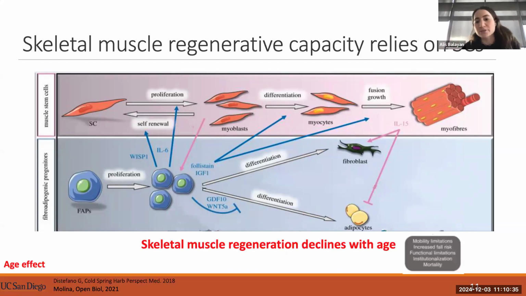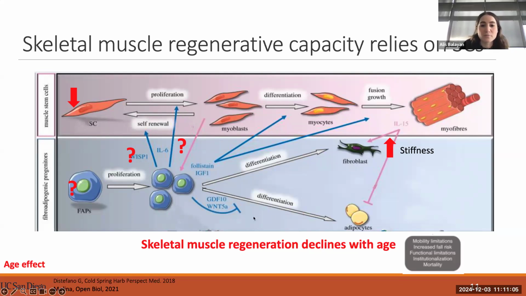In normal regeneration, there's a delicate balance of satellite cells and fibroadipogenic progenitors and their function. However, with age, there's a decline. There has been a decline seen in the quiescent cell population of satellite cells and dysregulation of fibroadipogenic progenitors. There are altered secretory factors and predominant commitment of fibroadipogenic cells to fibroblasts that then increases stiffness of the muscle.